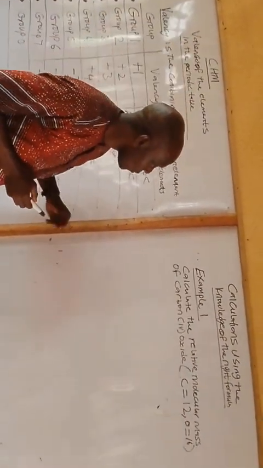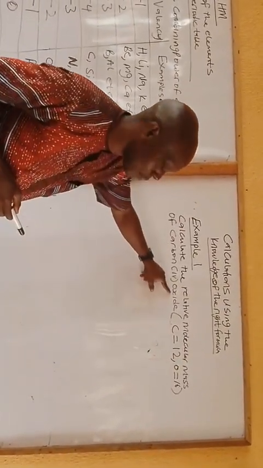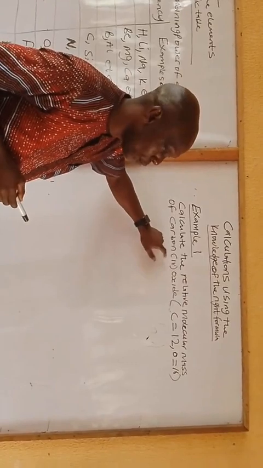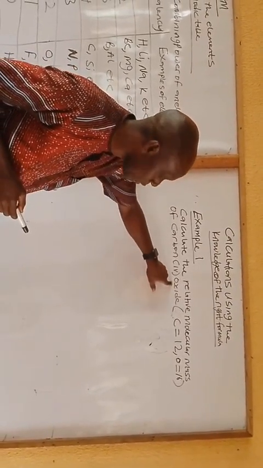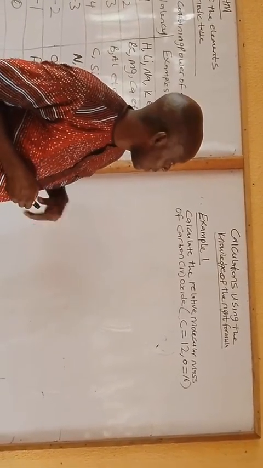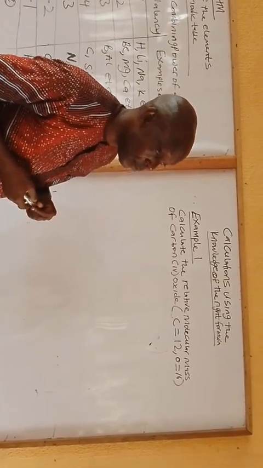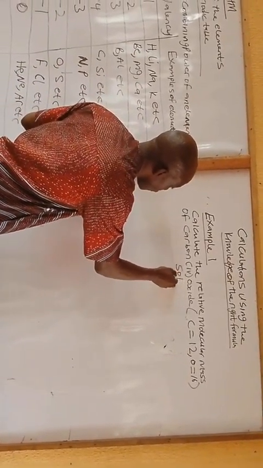Because we are asked to calculate the relative molecular mass of this particular compound, for you to get the correct answer, you should be able to write the correct formula for carbon 4 oxide. Where a mistake is made in the formula, the calculation is wrong. Answer or solution.